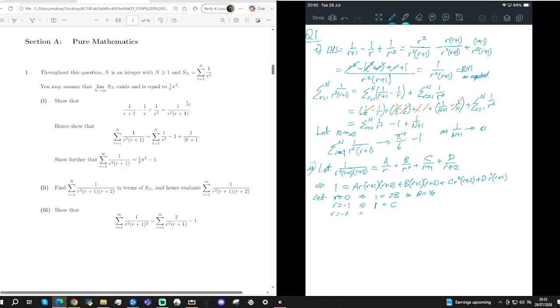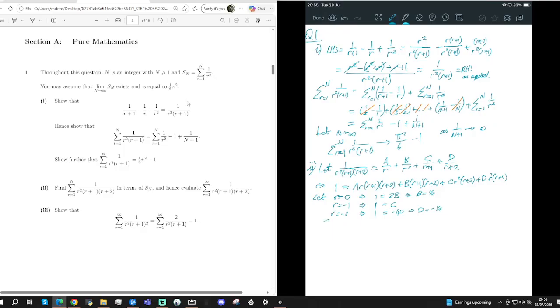We can let r be -2. That kills the a, kills the b, kills the c, leaves behind the d. With -2 being subbed in, the r squared is 4. The other thing is negative, so that's -4d. Which means d is -1/4. And then finally, we need to still find the a.